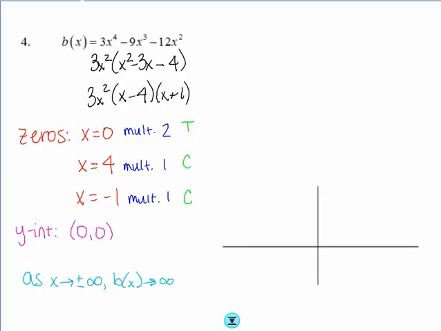Now we can sketch our graph. So I have zeros at negative 1, 0, and 4. And I know that the end behavior says both ends of the function will be going up. So my function will look something like this.